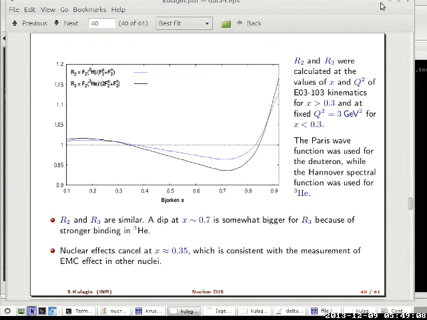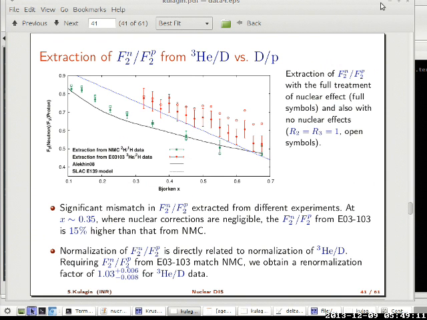So let me be a little bit fast. Here is actually the example of an attempt of such a comparison. We extracted the F2N over F2P ratio from the measured ratio of the nuclear structure functions from two ratios: D over P, which is shown by green, and helium-3 over deuterium.